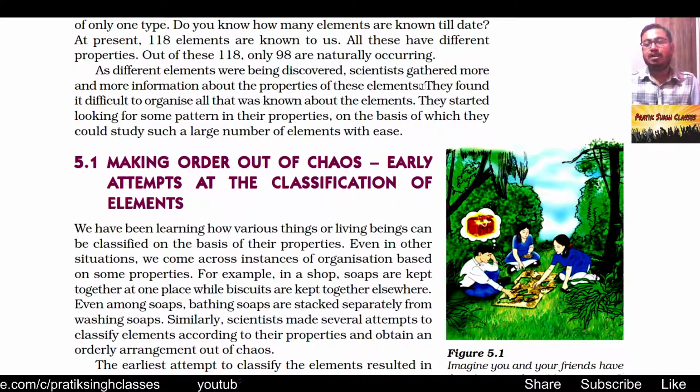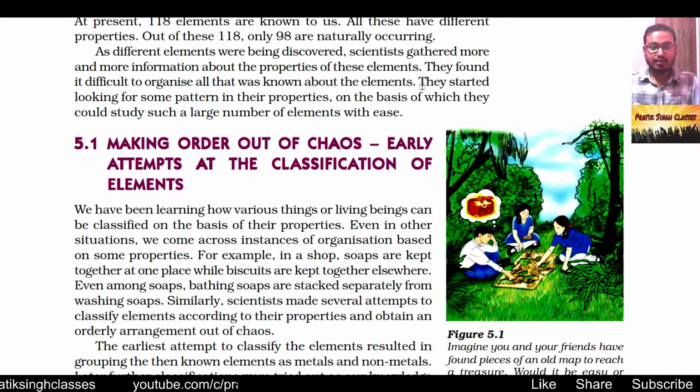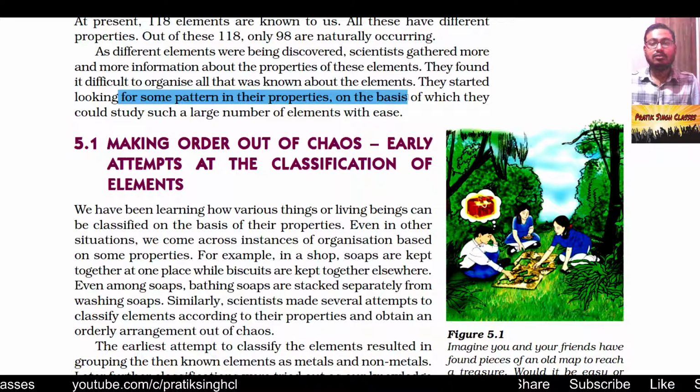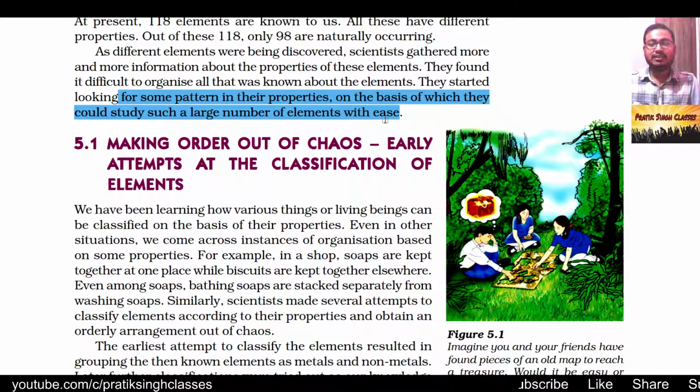If I ask you how many elements there are, you can easily say it is 118. If I ask you what the elements in the first group or first period are, it becomes difficult. So we need some series, some sequence, or some property on which we can arrange the elements one after another. The scientists started looking for some pattern in their properties on the basis of which they could study such a large number of elements with ease.